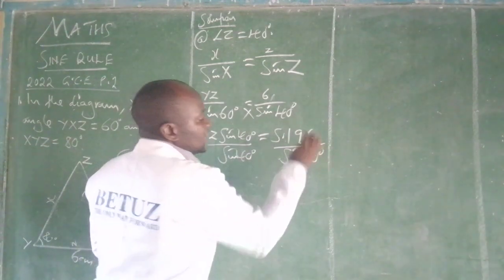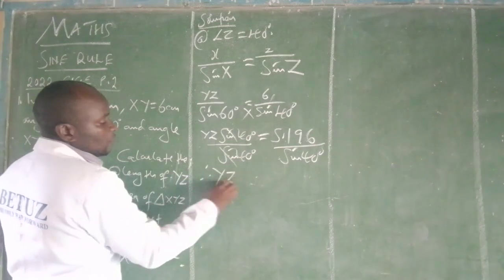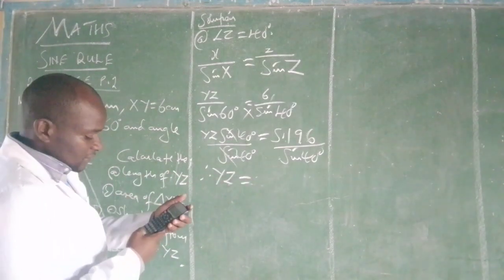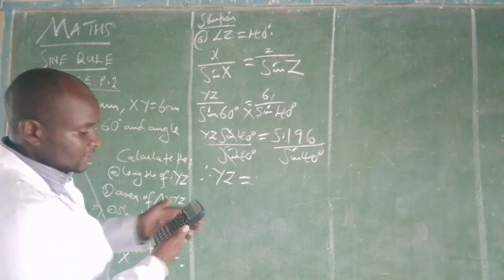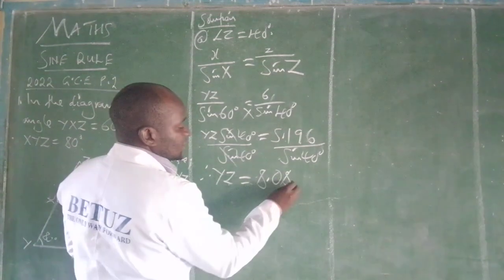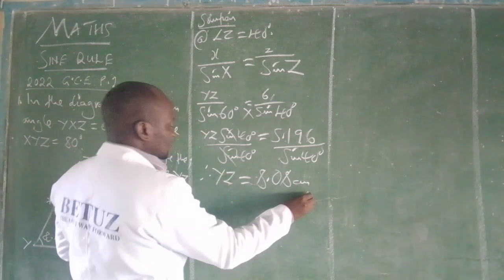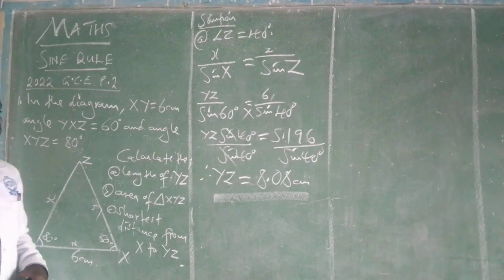The two will cancel and we will remain with YZ, which we are finding. So this is equal to 5.196 divided by sine 40 degrees, we are getting 8.08 centimeters. So YZ has been found, it is equal to 8.08.